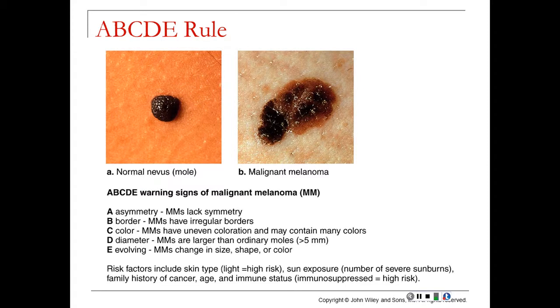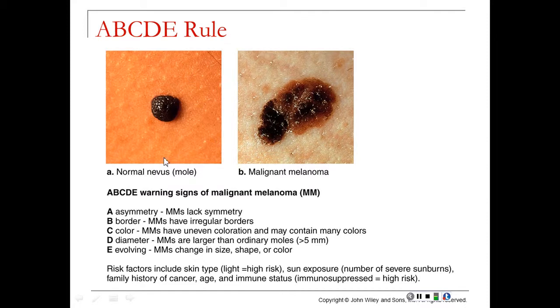You should follow the ABCDE rule. A stands for asymmetry, B stands for border, C is for color, D is diameter, and E is evolving. So these are the things you look for when trying to diagnose a malignant melanoma. You can see what a normal mole looks like, and you probably have one or two on your body somewhere, maybe even more than that.